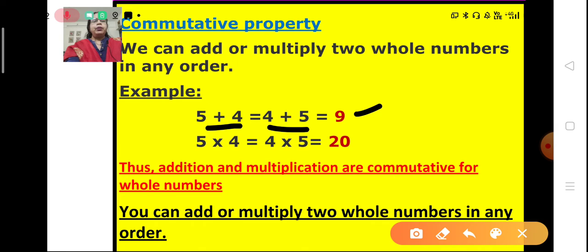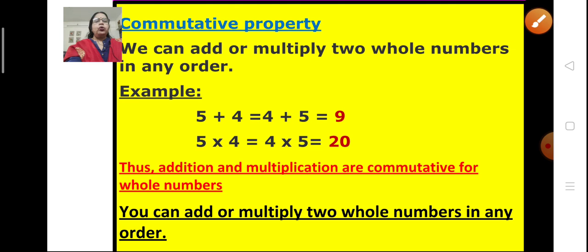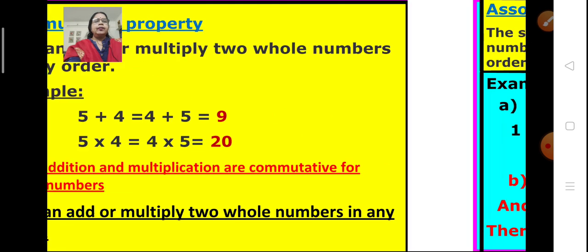Similarly, when we multiply two numbers like 5 into 4, or we multiply them in a different order, 4 into 5, the result will be the same. So addition and multiplication are commutative for whole numbers. This is the commutative property, that we can add or multiply whole numbers in any order.